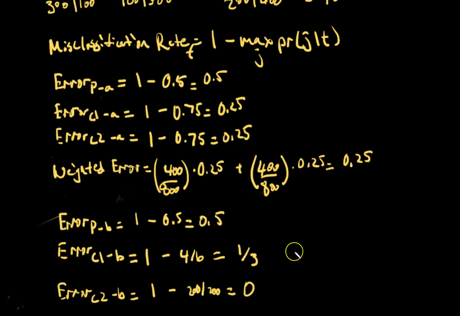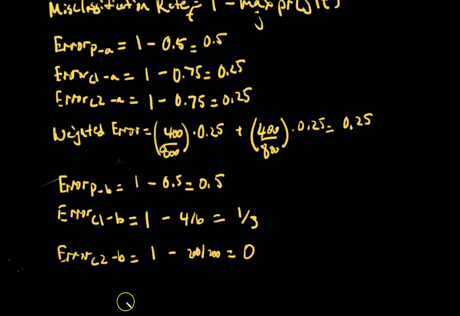Okay. So then if we do the same calculation, let's find the weighted error and see what that is for the children node. So let's call this the weighted error of B to distinguish it from the other tree. Weighted error of B. So then, let's see here.